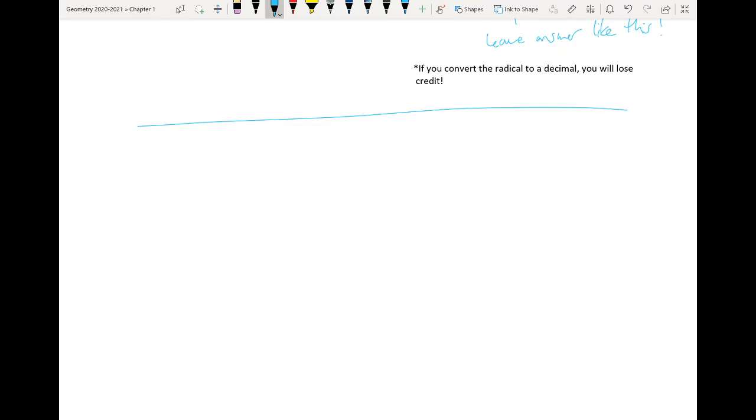Your next step is we're going to do an area problem. So we're going to do 2 area problems together, because we have 2 different formulas.